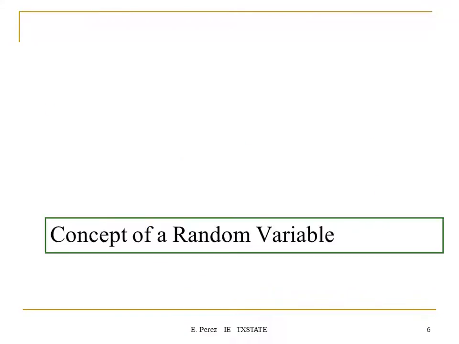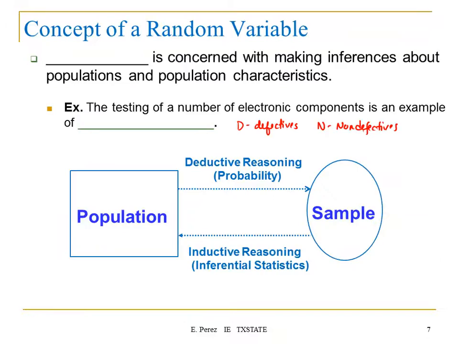So the concept of random variable, as we stated on Wednesday: statistics is concerned with making inferences about a population and population characteristics. For example, the testing of a number of electronic components can be classified into defectives and non-defectives, and that type of classification, if you're collecting data from your manufacturing process, can be classified as a statistical experiment. To remind you of what we're trying to do, we're trying to collect information from a population, because we cannot analyze all the data from the population.